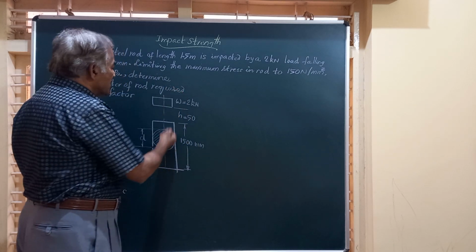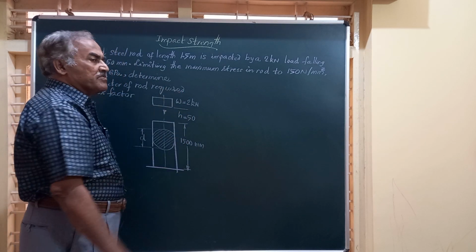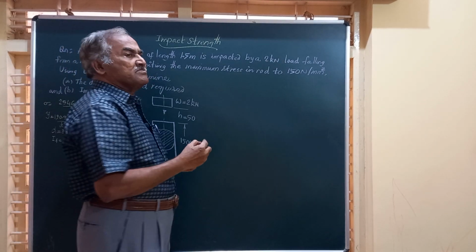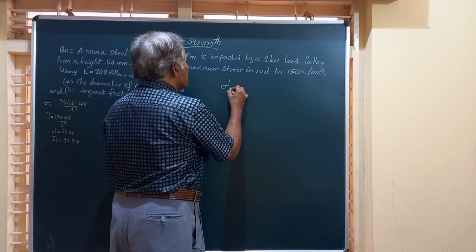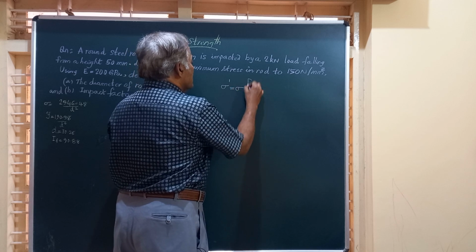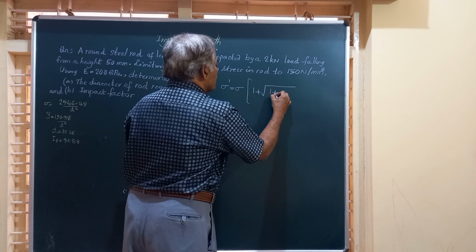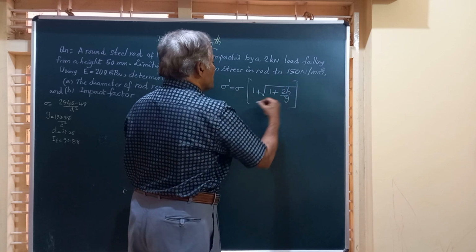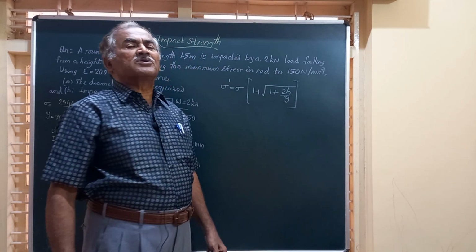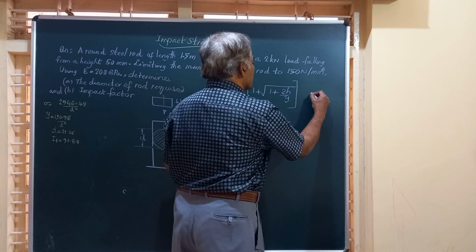For an axial load on a member, the maximum stress is given by the formula sigma dash is equal to sigma into 1 plus square root of 1 plus 2h by y. This is the formula available in the machine design data handbook, I will say here MDH.